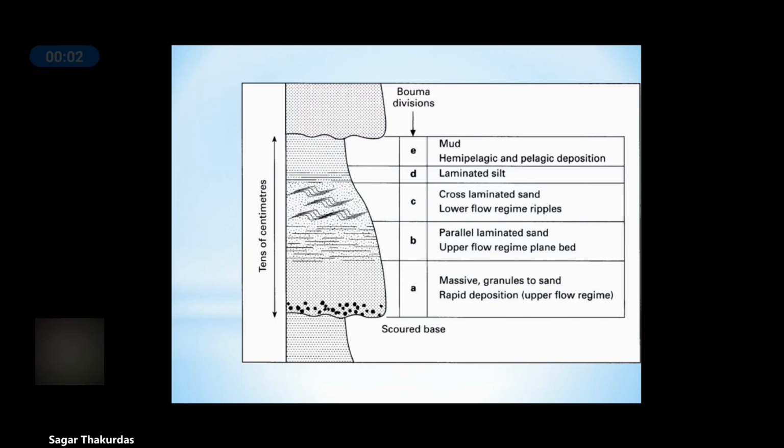Now this is an example of Bouma sequence as it is written on the top, Bouma divisions. Now this Bouma sequence is formed as a result of deposition by turbidity currents. I hope you know what turbidity currents are.